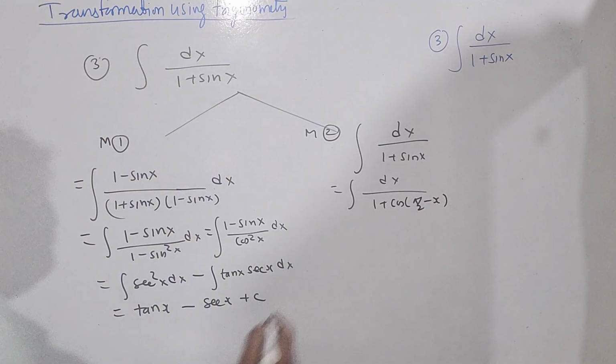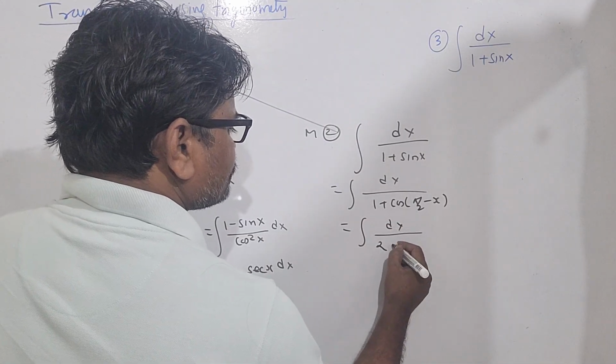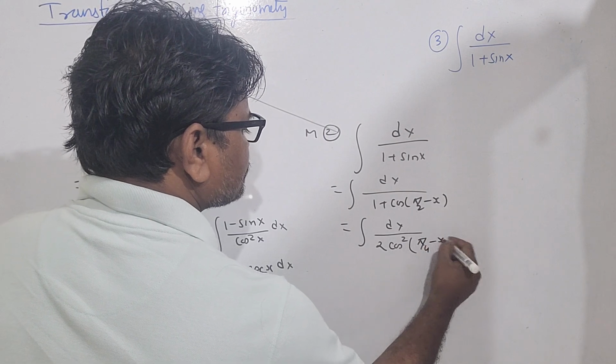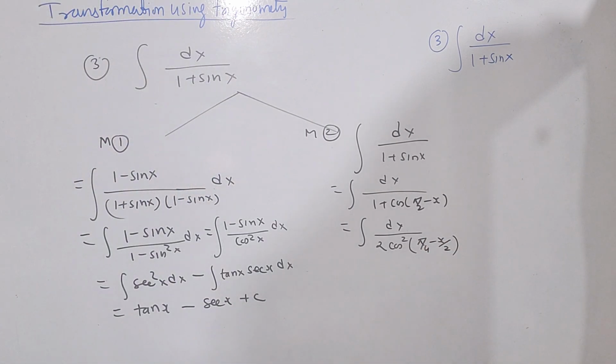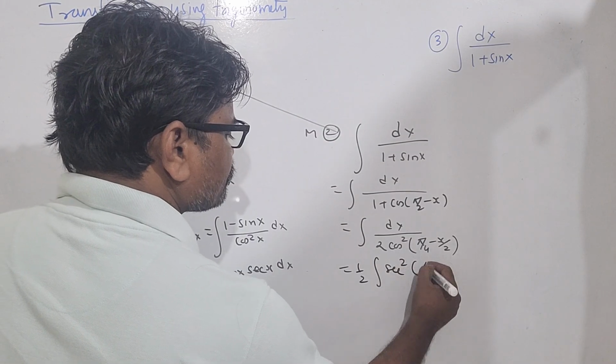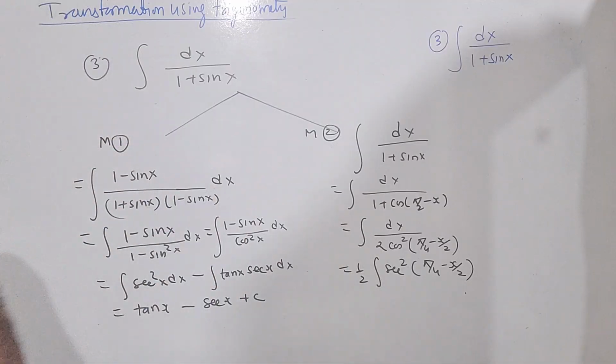Now 1 plus cos, so therefore this is dx upon 2 cos square, the angle will be half, pi by 4 minus x by 2. Now this is sec square, which is standard form, correct? And sec square, which is standard form, this is 1 by 2 integration of sec square of this angle, pi by 4 minus x by 2, correct? Okay.